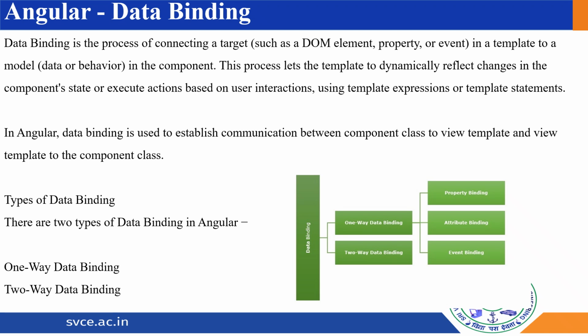In Angular, data binding is used to establish the communication between the component class and the template. So there are two types of data binding: one-way data binding and two-way data binding.